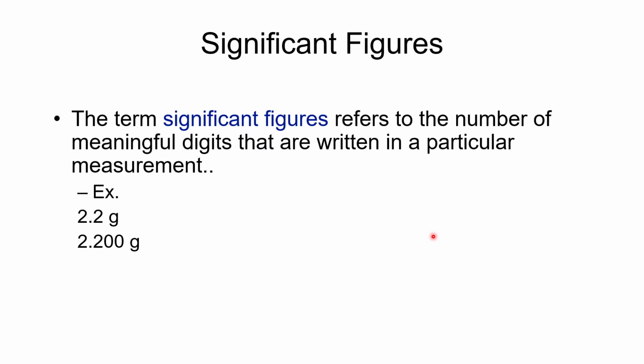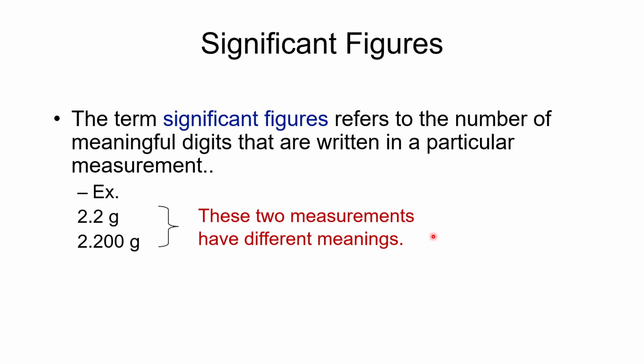And in fact, some people would say they are exactly the same number. However, they have two different meanings. And you need to be aware of what those two different meanings are. So 2.2 grams does not mean the same thing as 2.200 grams. One of those gives us more information, and it's the one with more digits to it.